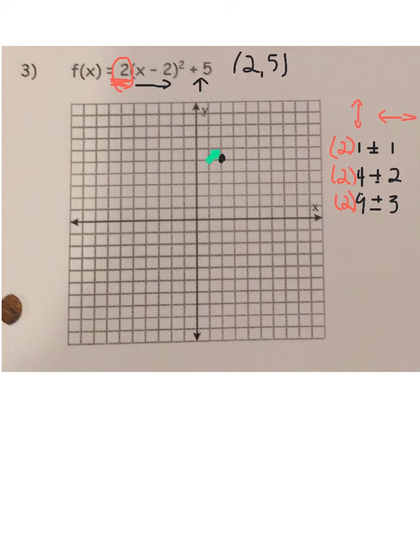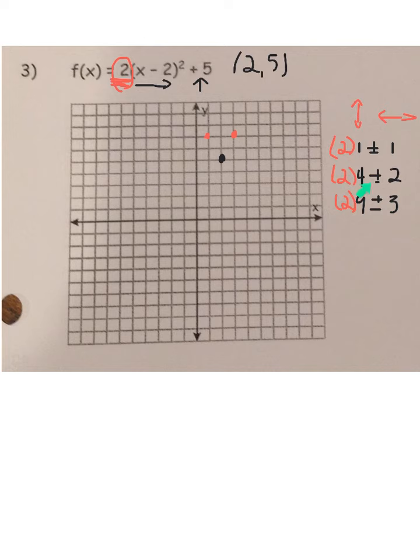So I'm going to go up 1, 2, and then I'm going to go left 1, right 1, okay? All right, so let's do that. So up 2, left 1, right 1, okay? Now, always from the turning point, now I'm going to go up 8. I'm going to run out of room, guys, sorry.